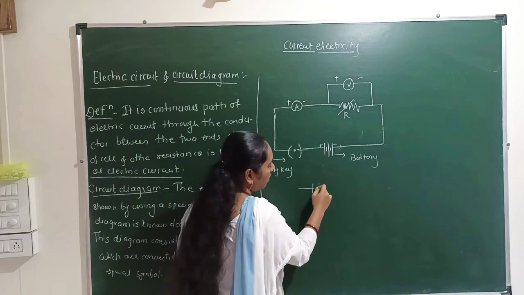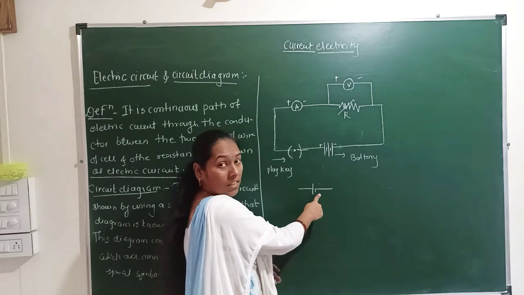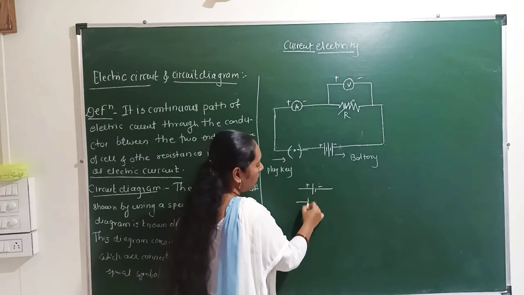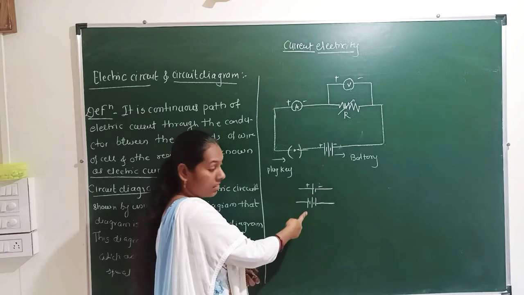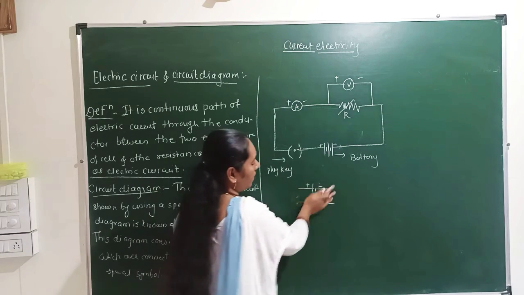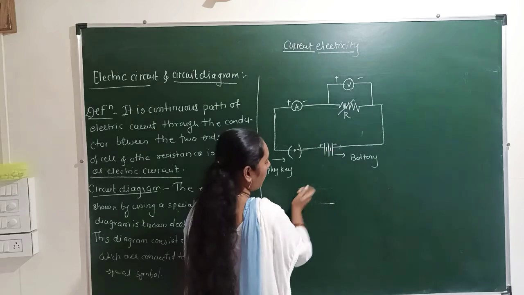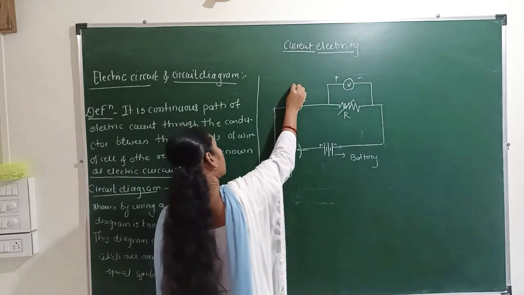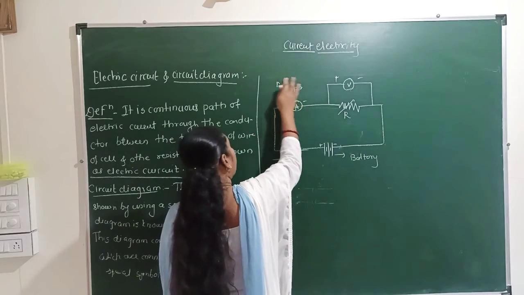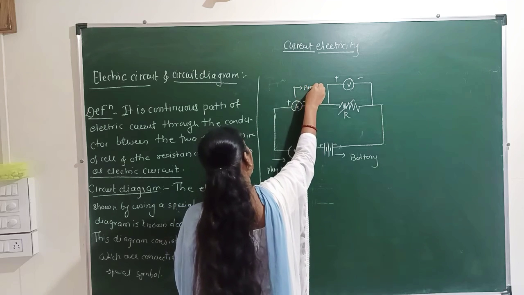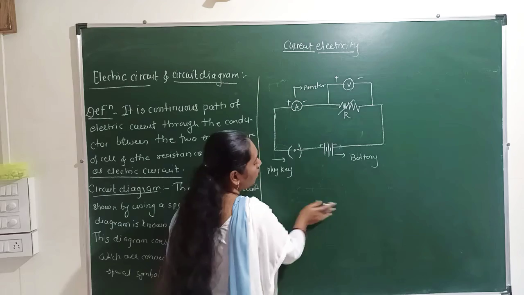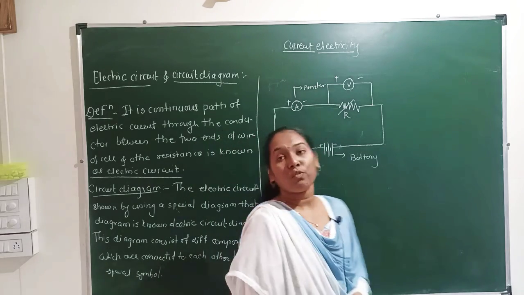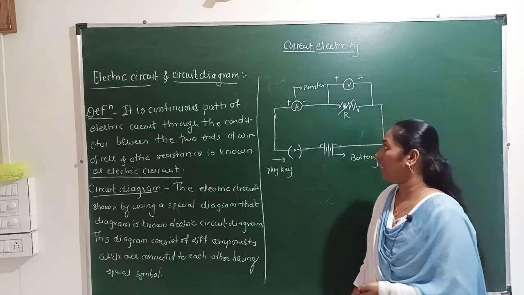If it consists of only one, it is known as a cell, and if it consists of more than one cell like this, it is known as a battery. This is the positive terminal and negative terminal of the battery. This is known as the ammeter. What is the name of this apparatus? Ammeter. An ammeter is used to measure the current flowing through the electric circuit.